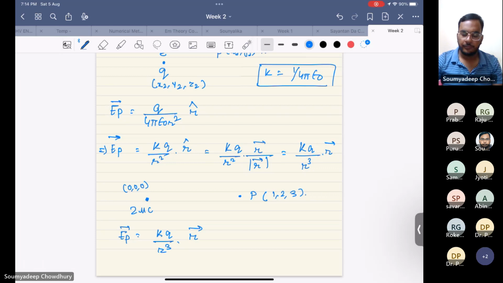Can you tell me how we can find out R vector here for this problem? Dr. Valsalal, can you tell? Okay. All of you are from electrical engineering background, right? Don't search it on the internet.